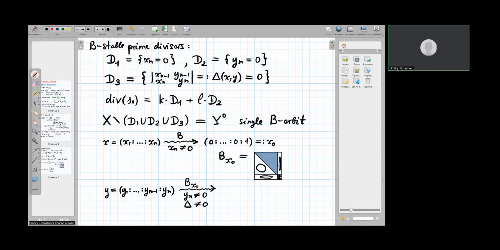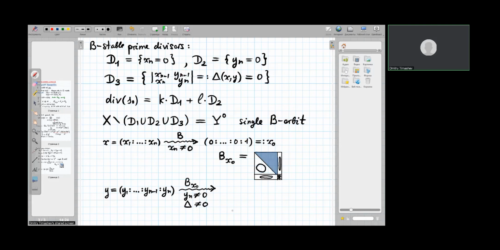Since we assume that yn is non-zero and delta is non-zero, look at what delta is. We have xn minus 1 already 0, and xn is 1. So this determinant is non-zero, which means that yn minus 1 is also non-zero.